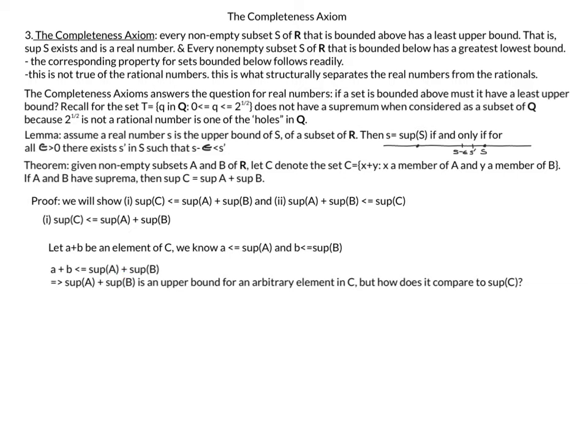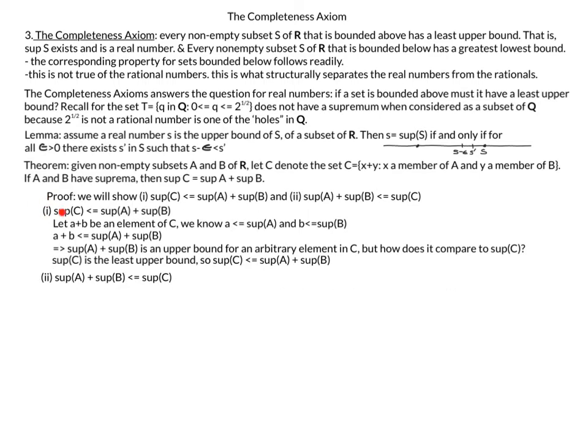What I have shown is that sup A plus sup B is an upper bound for an arbitrary element a plus b in C, right? So I've shown it's an upper bound, but I need to know how it compares to sup C. Well, sup C is the least upper bound, so sup C must be less than or equal to sup A plus sup B. And I am done.